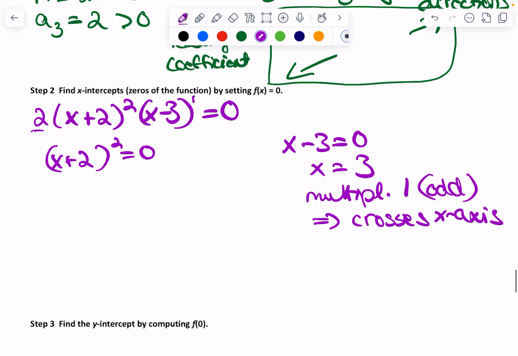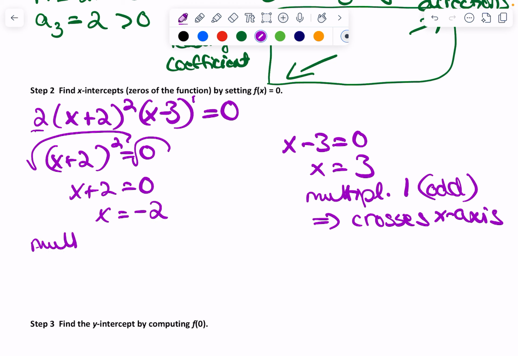For this one here, we're going to take the square root to cancel out the squared. So x plus 2 equals 0. Again, 0 doesn't have a positive or negative. It's just 0. We're going to subtract 2, so we get x equals negative 2.